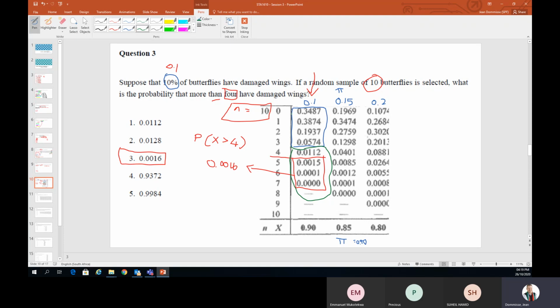Okay, and you can see if it was less than 4 and less, you could have picked that answer. So again, I think if it was only 4, you could have picked that answer.